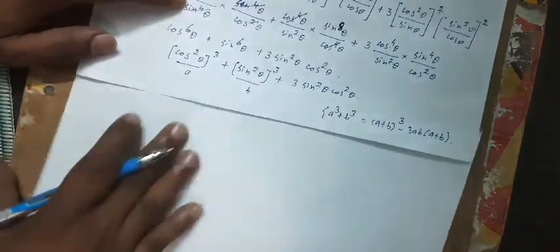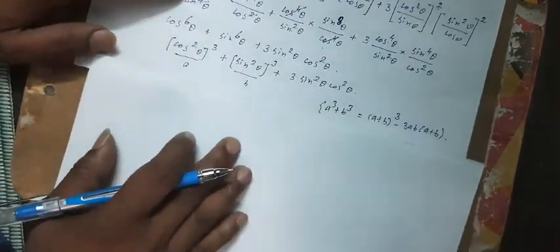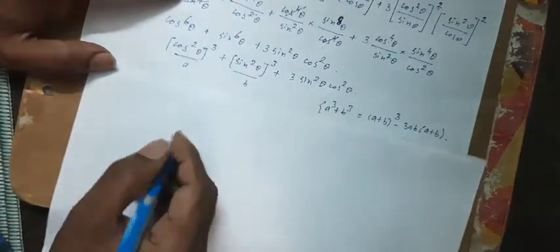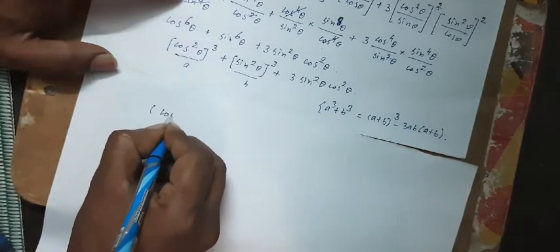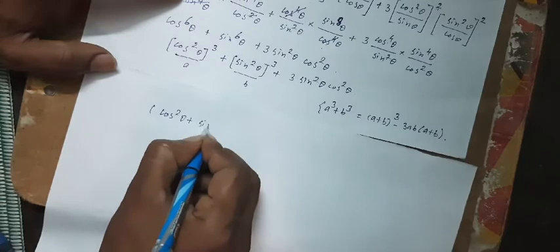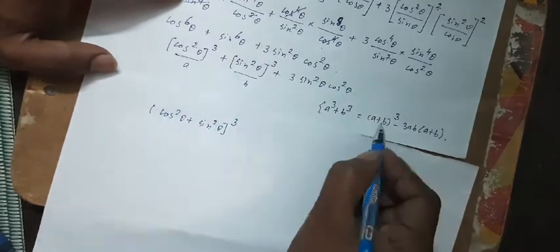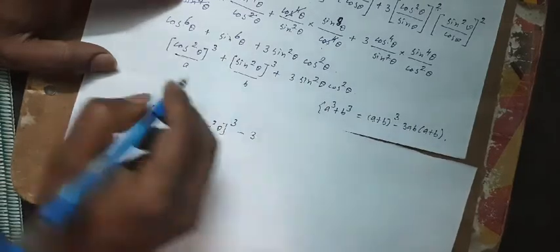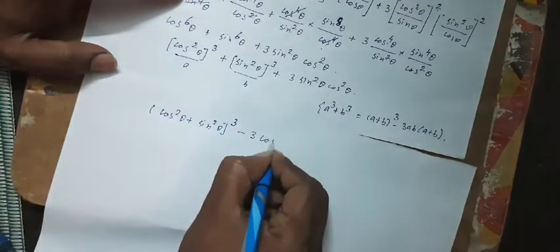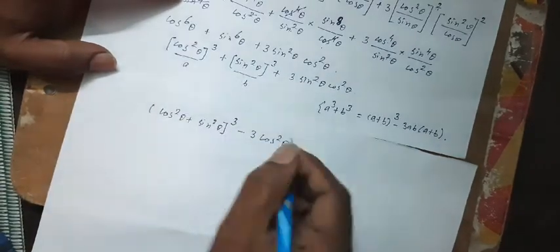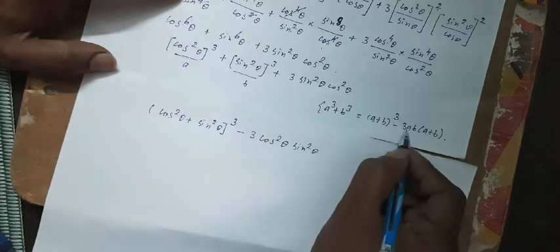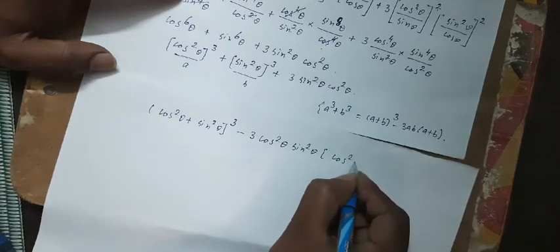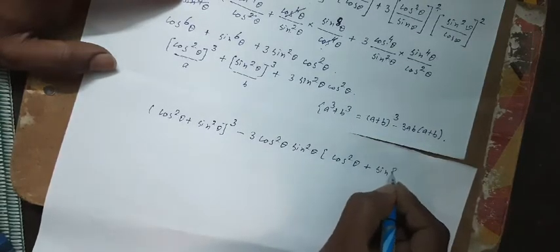Apply the formula a cube plus b cube. Here a is cos square theta and b is sin square theta. Applying, we get cos square theta plus sin square theta the whole cube. So a plus b the whole cube minus 3ab, where a is cos square theta and b is sin square theta, into a plus b, here a is cos square theta plus b is sin square theta.